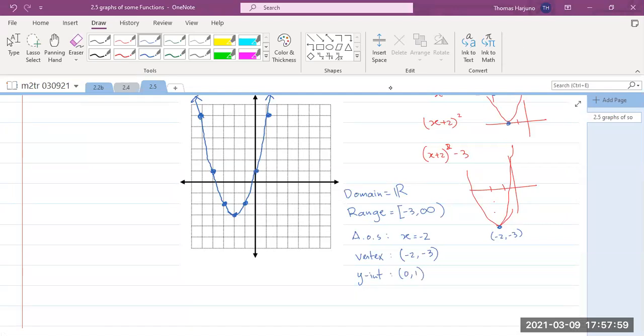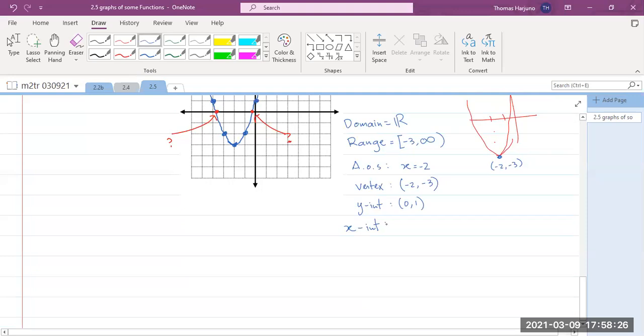A slightly harder one is how to find the x-intercept. In other words, on this graph here, can you give the exact value for the x-intercepts? What are the x-intercepts? The exact value. We did that work before to find x-intercept, the y is 0. So 0 equals (x plus 2) squared minus 3.